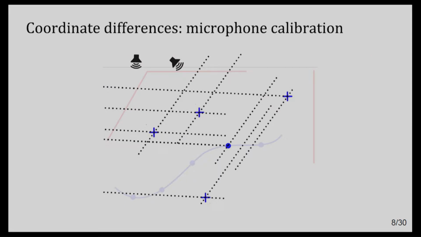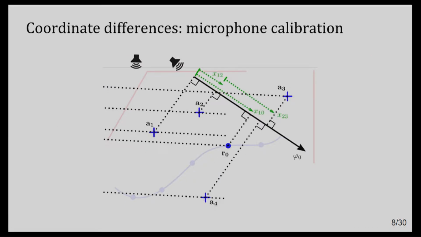And it turns out that you can actually reformulate this problem in a coordinate differences framework. What we are given is that we know at what time the emitted sound pulse arrives at each of the points, but we don't know when the signal was sent. So what we effectively measure are the differences between times of arrival.